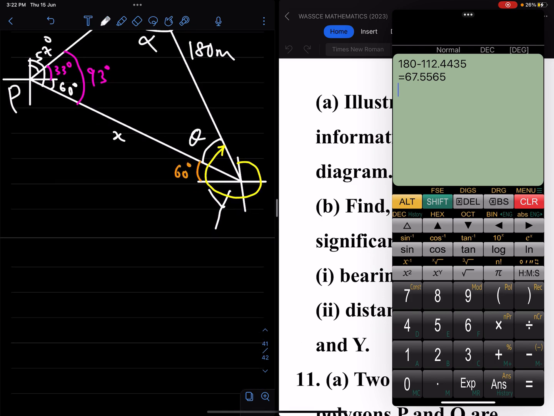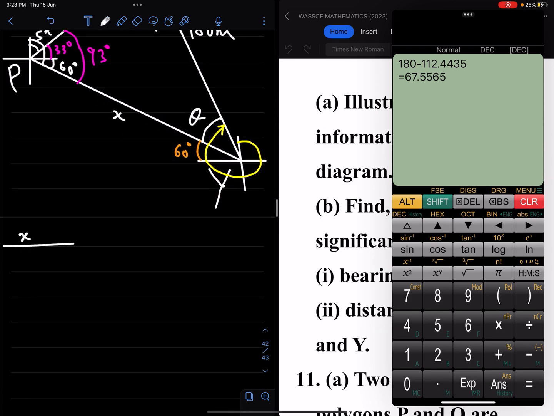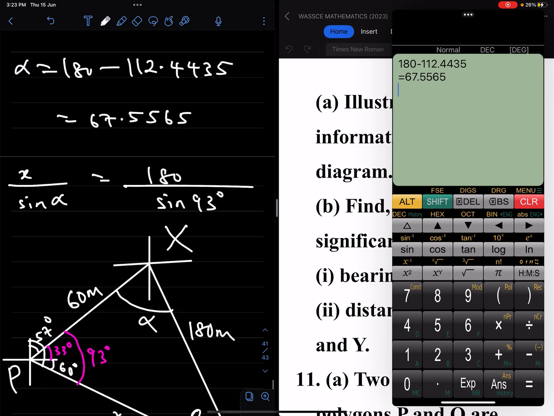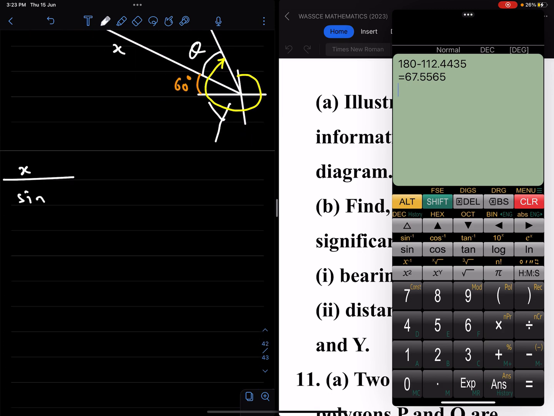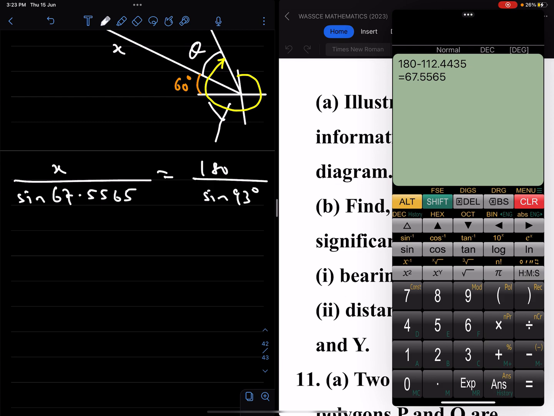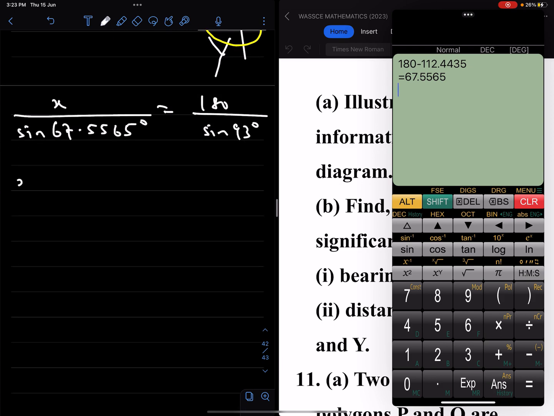Or maybe I should write this first. I know alpha is 67.5565, so x over sine 67.5565 equals 180 over sine 93 degrees, and that simply means x equals 180 times sine 67.5565 over sine 93 degrees.